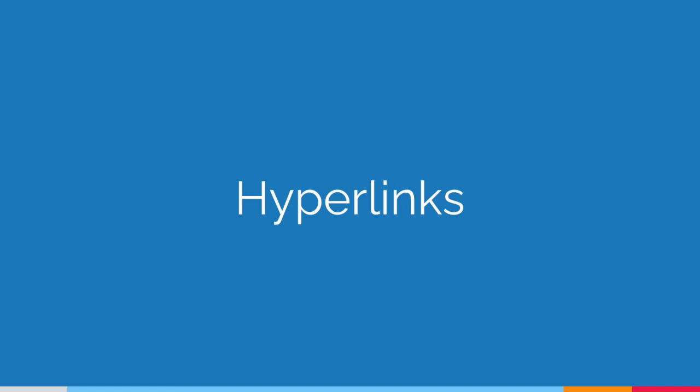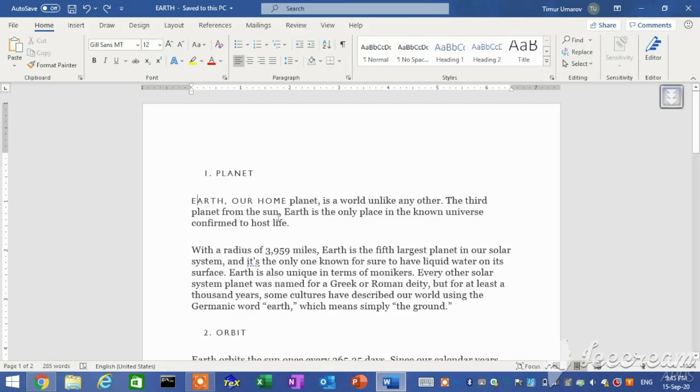Hyperlinks. Word allows you to insert a hyperlink. This is useful because rather than having to copy and paste a website address from the document into your web browser, you and whoever else accesses your document will be able to click the link in the document and immediately open the website.